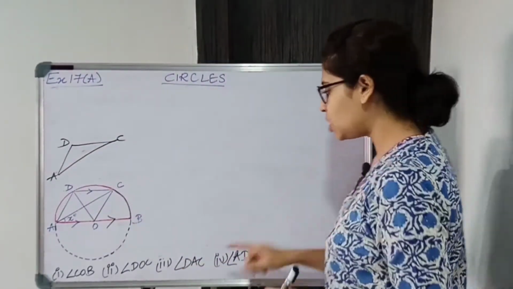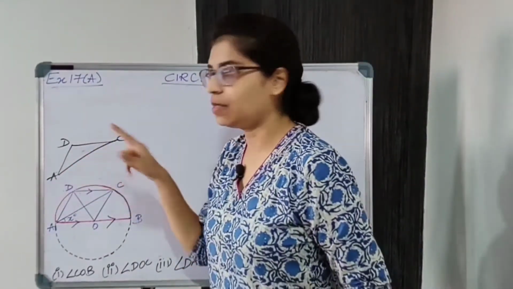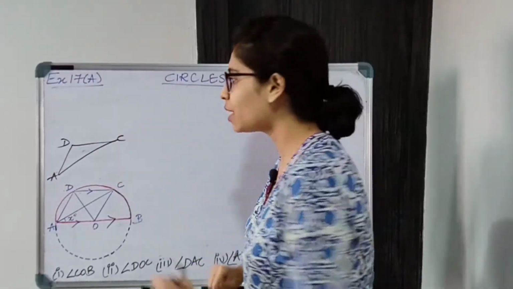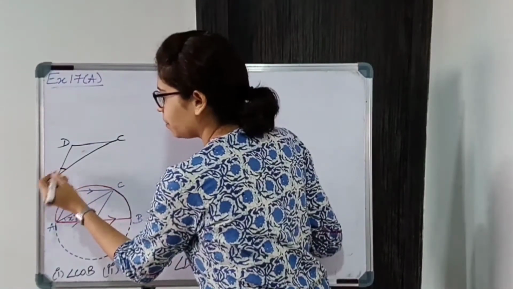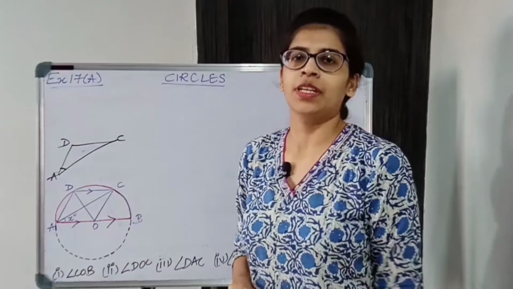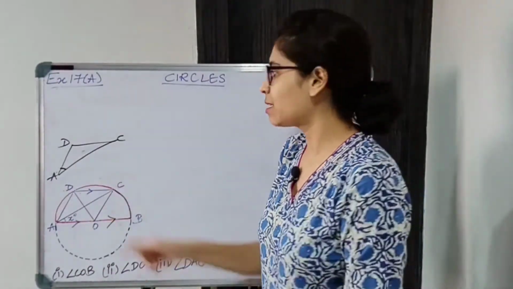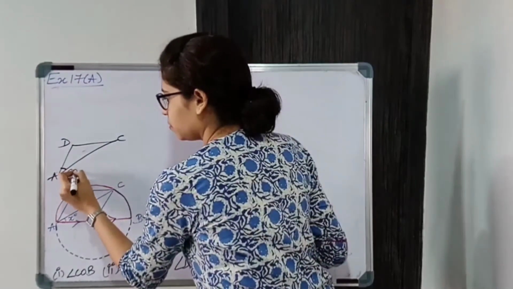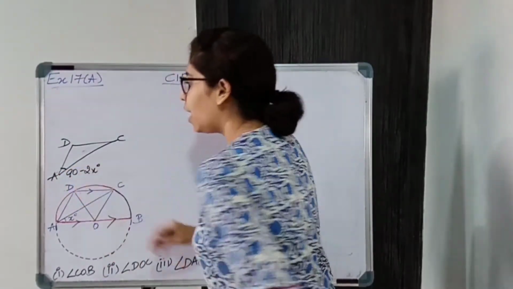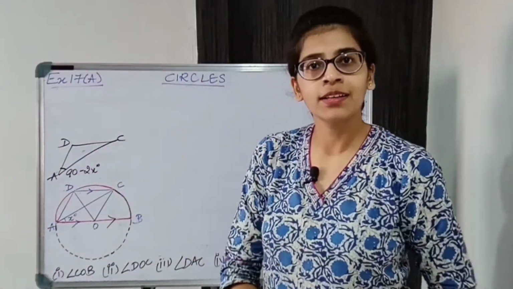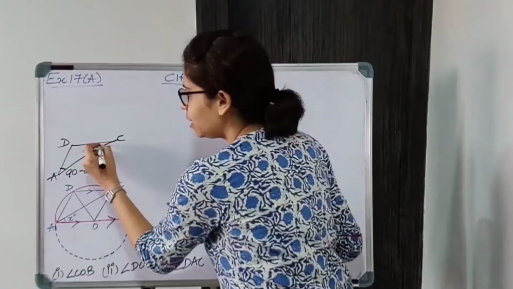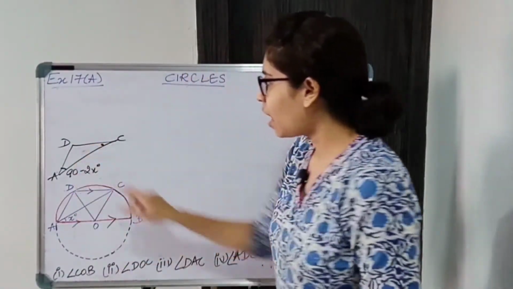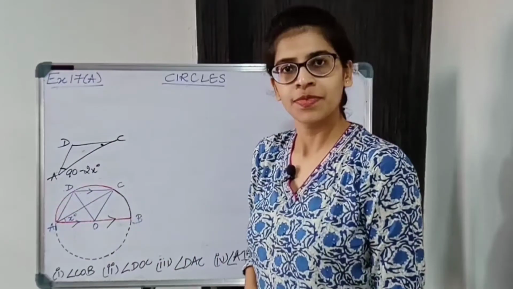Now students, we just found angle DAC. I know one of the angles of the triangle. I know this angle. It is 90 minus 2x. I need one more angle. For ADC I need this angle. How will I find angle DCA?